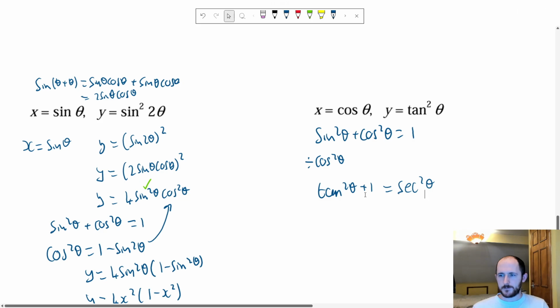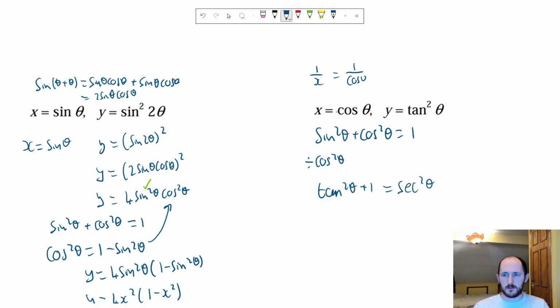So, using that, we know that y is equal to tan squared, but we have sec squared here, but we have x here. Well, what if I just took the reciprocal? That means 1 over x equals 1 over cos theta. Right? I could divide both sides by x, divide both sides by cos. Which means 1 over x is equal to sec theta.